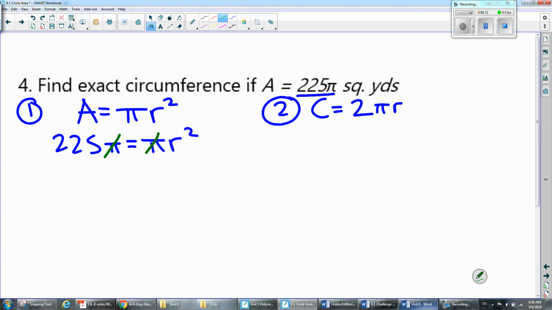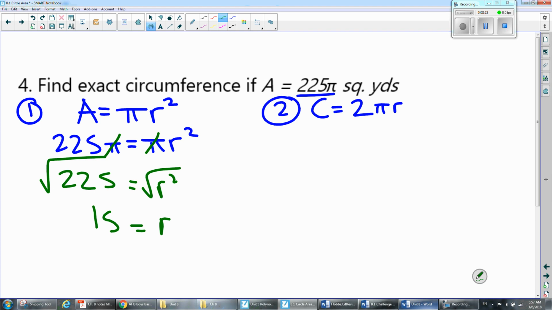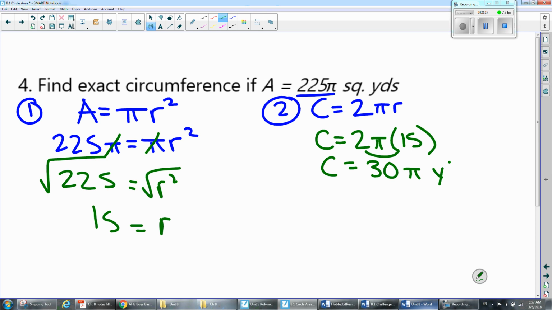You're left with r squared equals 225. In order to get rid of the squared, you need to take the square root. The square root of 225 is 15. So now that we know the radius, we're using the circumference formula that uses the radius. If this is exact, 2 times 15 gives us 30 pi. And we're measuring this in yards, not yards squared, because we started with area, but now it's asking for the circumference.